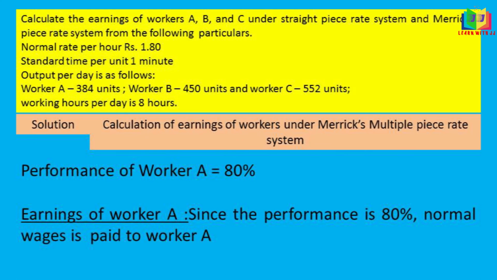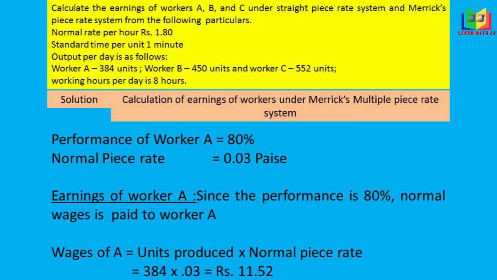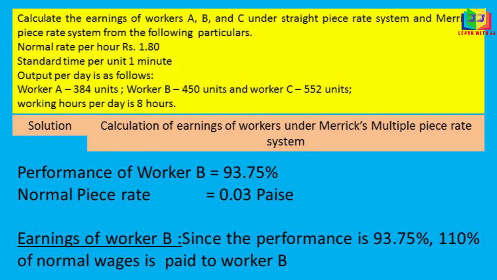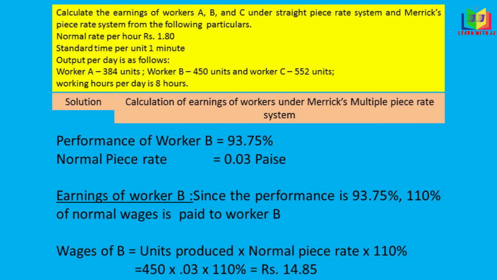Now we'll calculate the earnings of the workers under Merrick's multiple piece rate system. The performance of worker A is 80%, so the normal wages are paid. Units produced by him is 384 into the normal piece rate 0.03, which gives 11.52 for worker A. The performance of worker B is 93.75%, which is between 83 and 100%, so worker B will get 110% of normal wages.